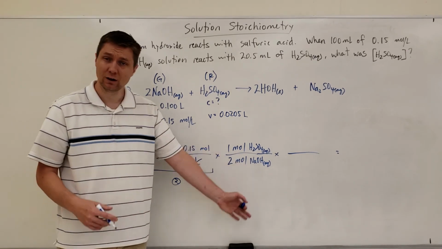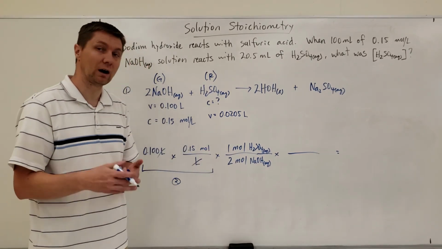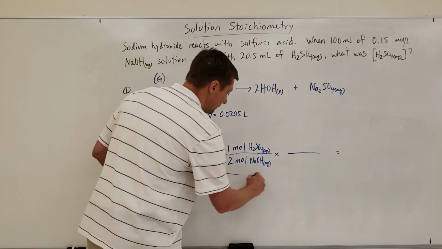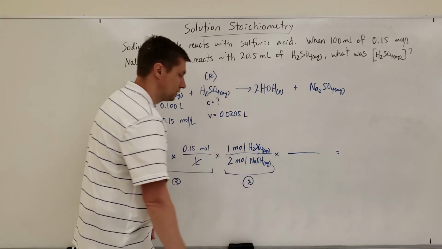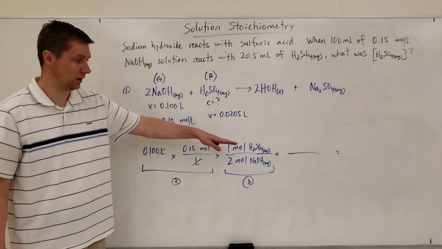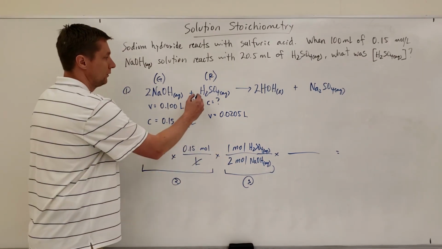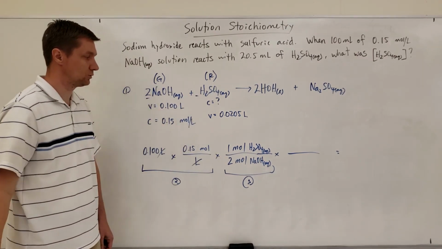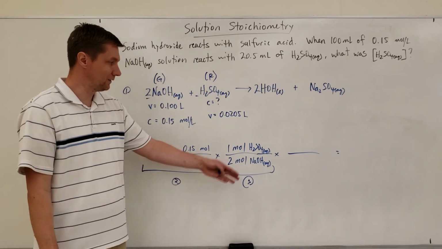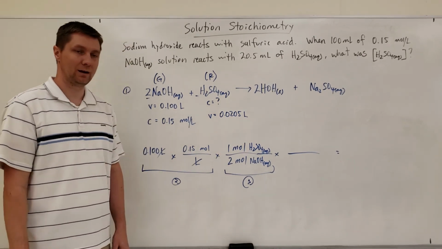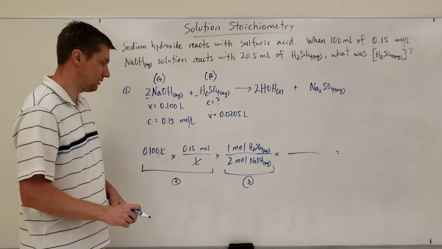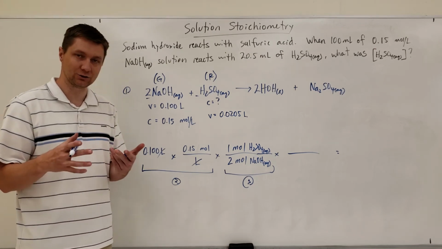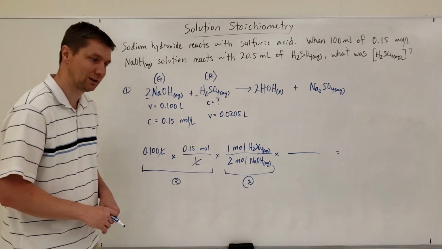Step number 3, convert the moles of the given into the moles that are required using the mole ratio. So there's step number 3, my mole ratio of required over given with these coefficients being used, 1 mole over 2 moles. And then this last step right here is a little bit tricky in that you have to make sure that you're paying attention to what's canceled and what hasn't been canceled yet.